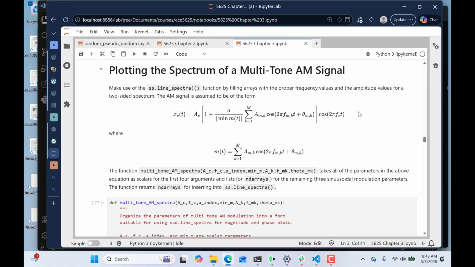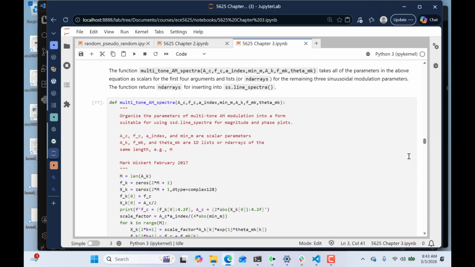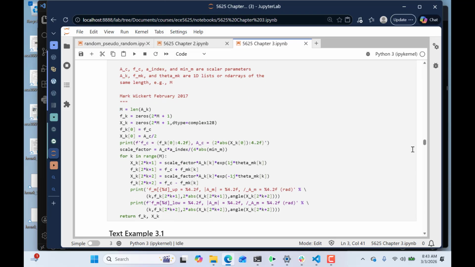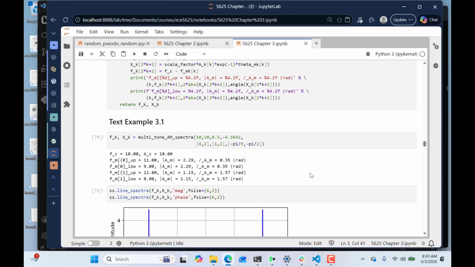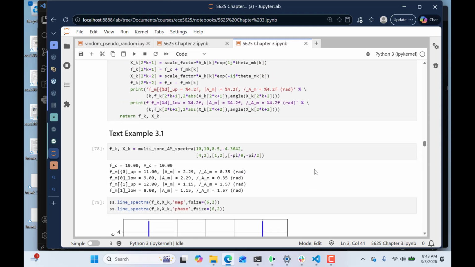So then I went ahead and plotted the line spectra, just going back to the fact that it's sinusoids, and I could get the line spectra based on the known spectral lines for distinct sinusoids, and then I created a function to plot the spectra.